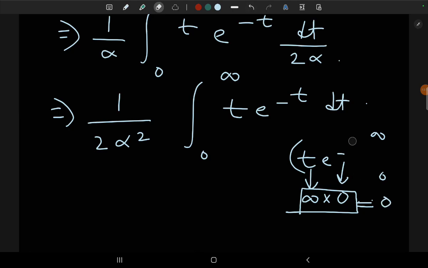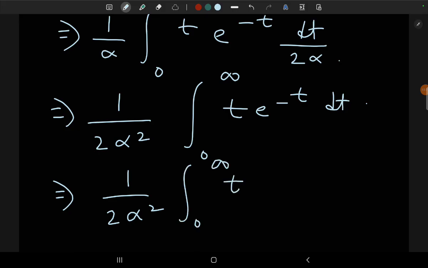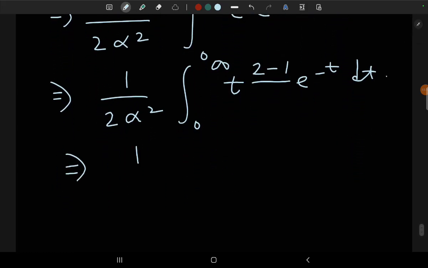So the way to proceed forward here was the use of something called gamma functions. Now this function can be broken down into gamma functions, and we will realize that this 1 by 2 alpha squared, 0 to infinity, is actually t to the power 2 minus 1 e to the power minus t dt. The reason for this 2 minus 1 is that this is the definition of the gamma function.